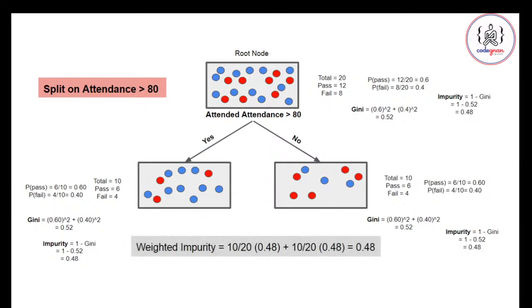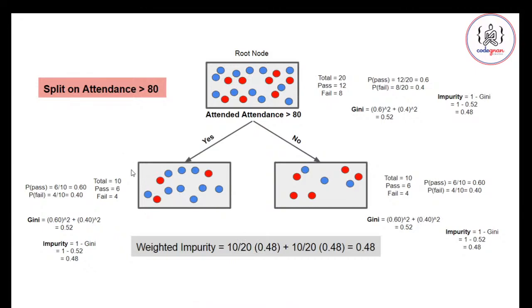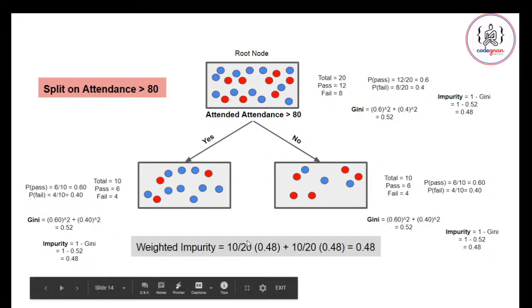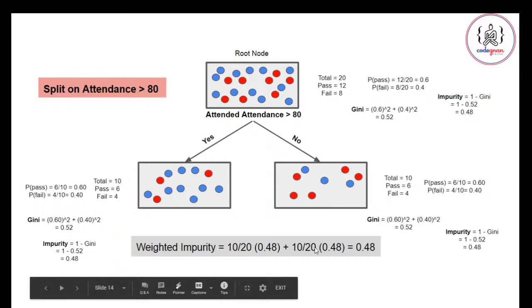And now again you have to take the weighted Gini impurity here. So you calculate this weighted Gini impurity equals 10 by 20. This is for the left subnode, and here it comes out to be 10 by 20 into 0.48. So what is 10? 10 is the number of data points in your left subnode, and 20 is the number of data points in your root node, into your impurity at this left subnode, plus 10 by 20.